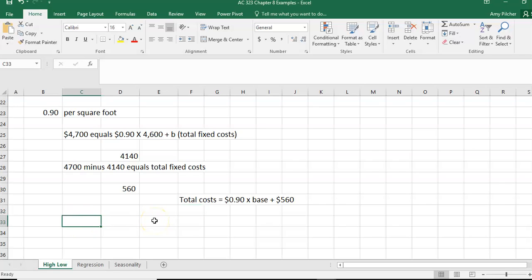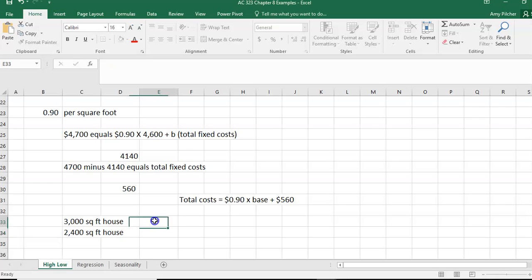So if we have our 3,000 square foot house and a 2,400 square foot house, we are going to make estimates for both of those.